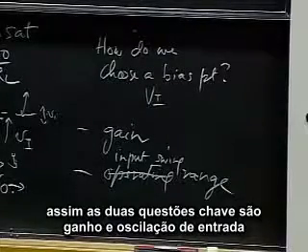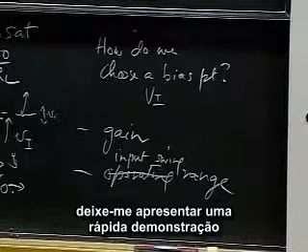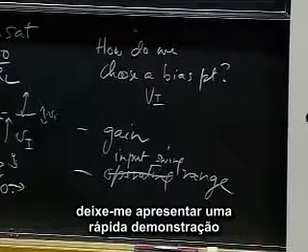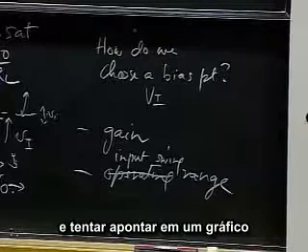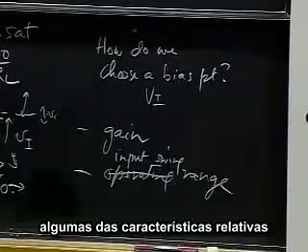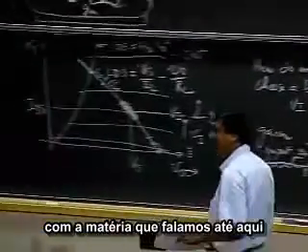So the two key issues are the gain and the input swing. Let me show you a quick demo and try to point out on a graph some of the characteristics that relate to the matter we've been talking about so far.